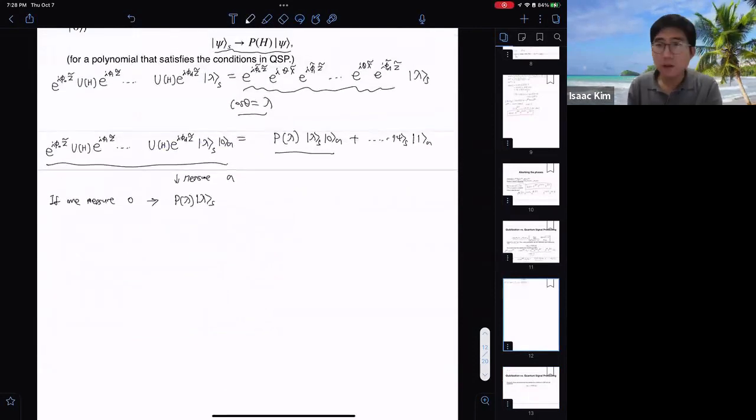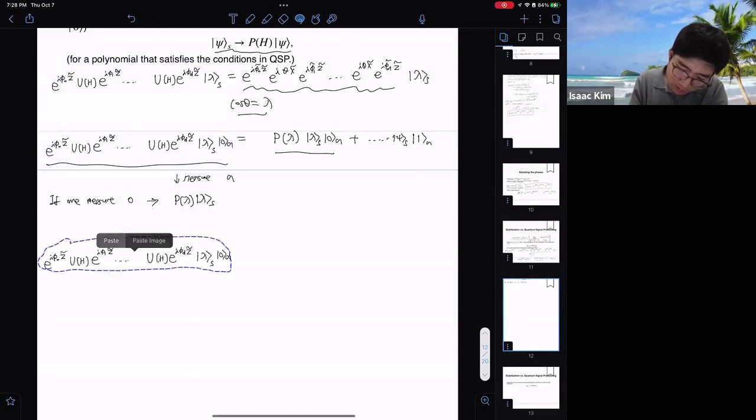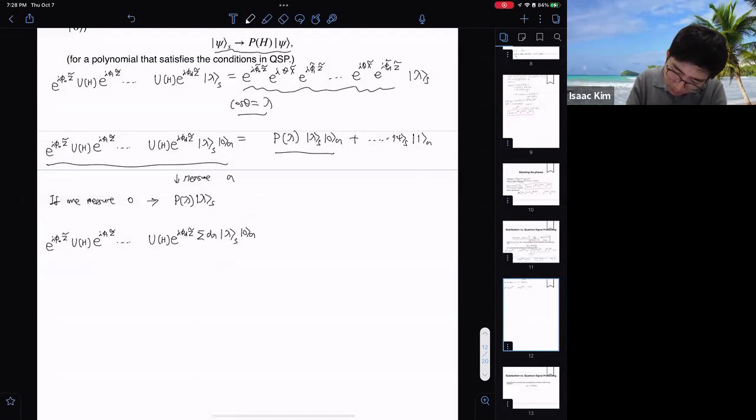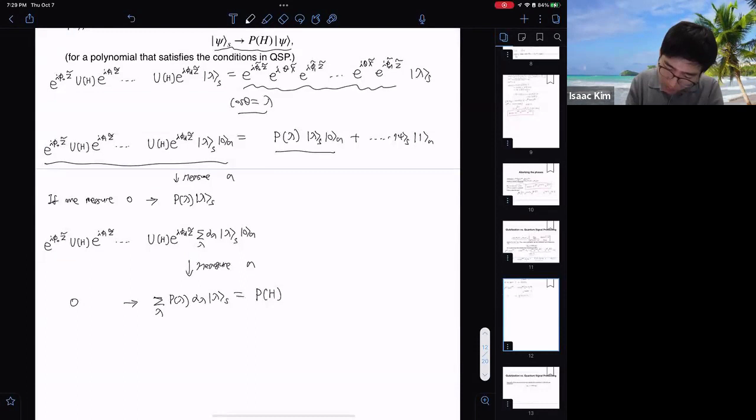By linearity, we can show that if you apply this to a general linear combination of eigenstates, and then measure A, and if you get 0, then what you get is the sum of P of lambda alpha lambda lambda s, and that is equal to P of h applied to psi, where psi is a general state.